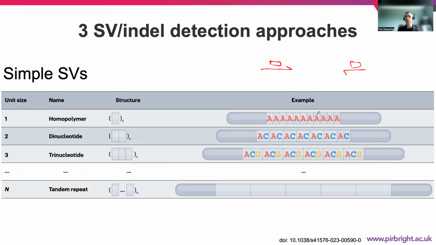It won't be perfect, especially with homopolymers, because we know that the polymerase tends to stutter, and therefore estimating the exact size of the homopolymer is not straightforward. It can get easier as the repeat has a more precise composition.